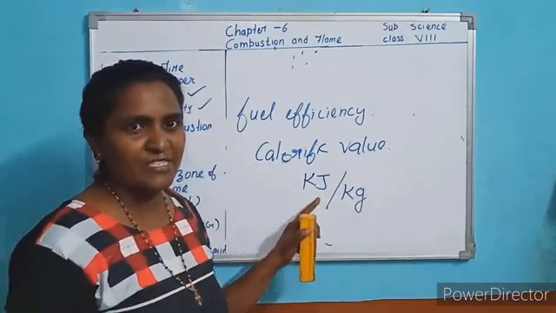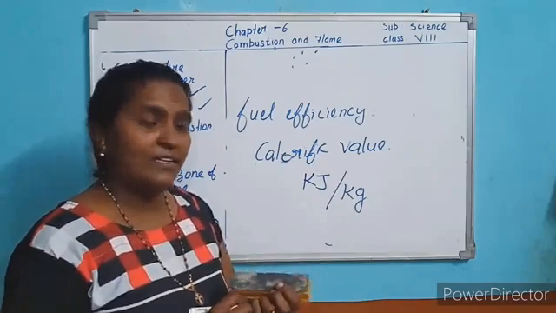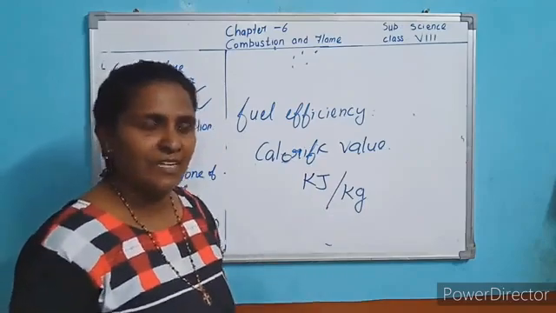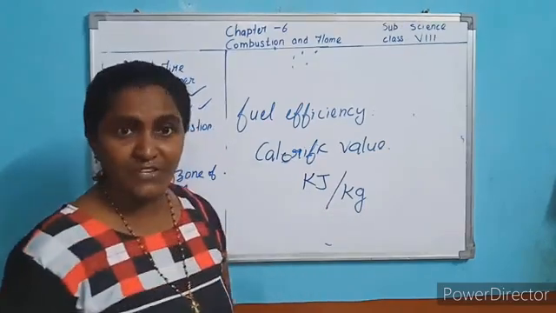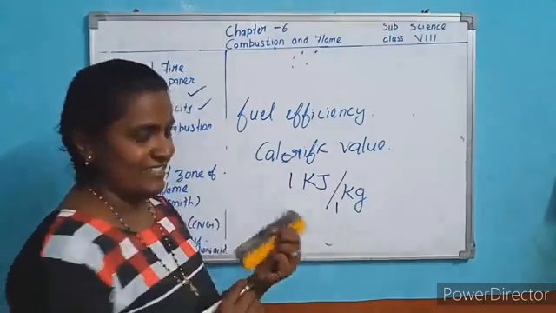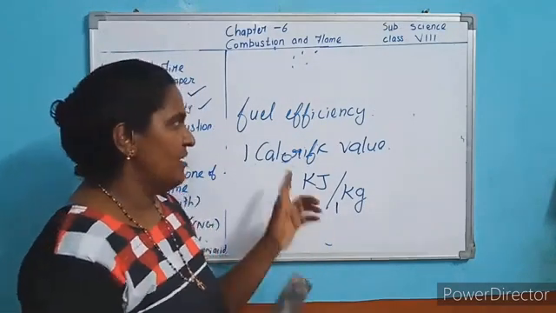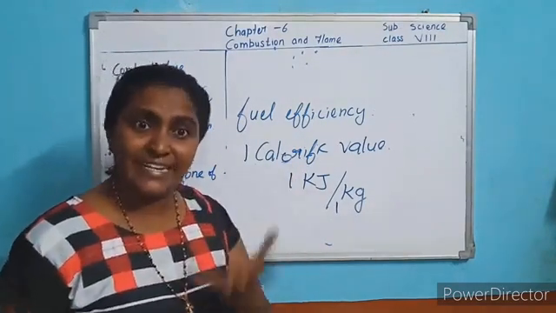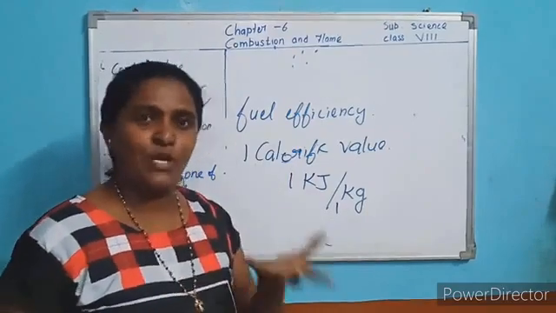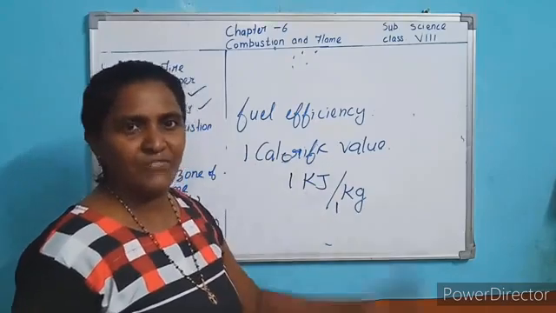Energy we always measure in joules. Kilojoule per kg. The amount of heat energy produced from 1 kg of substance on burning is called calorific value.